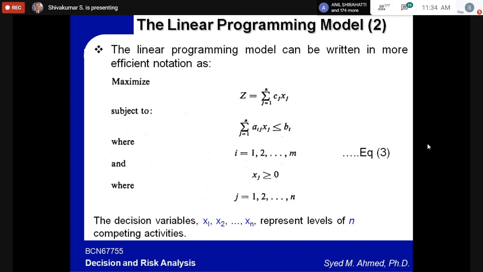One is the objective function, that is maximization or minimization. The second is the set of constraints, less than or equal to or greater than or equal to. And thirdly, you put the further constraint that x1, x2, x3 up to xj are always greater than or equal to 0, because the variables represent the number of computing activities. It can be 0 or more than 0.